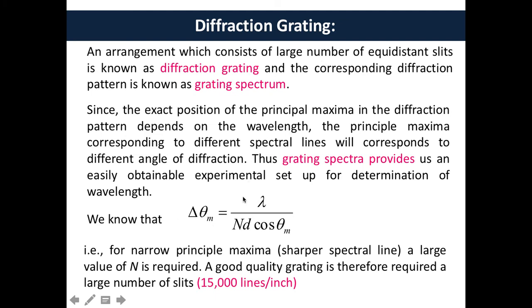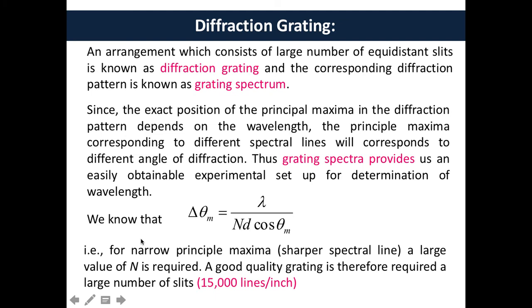So for this equation from the diffraction grating, delta theta m equals lambda upon n d cos theta m, where m is the mth order: first order spectra, second order spectra, mth order spectra, like this. This is delta theta, this is lambda the wavelength, n is the number of lines per inch, d is the distance between two slits, and cos theta m.